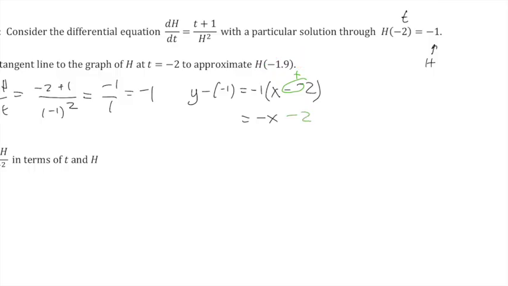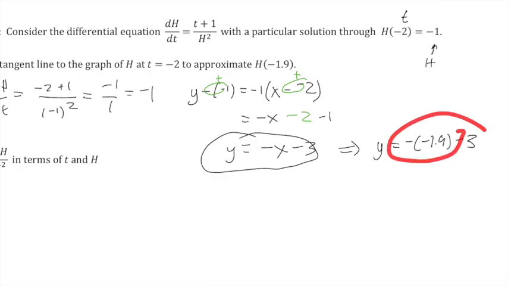So this will be -2. And this will be +1, and then we're going to subtract it over. So my equation is going to be -x minus 3. And we want to approximate -1.9. So this will be positive 1.9 minus 3. So this will be -2.1. I can't add. This is supposed to be -1.1.